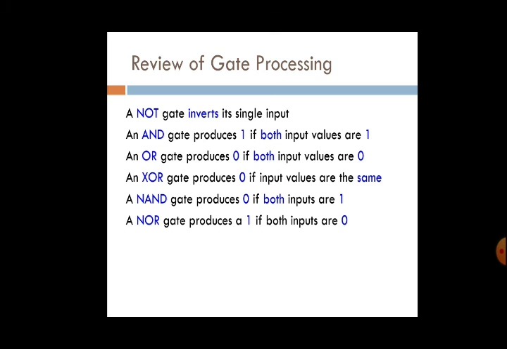OR gate produces 0 if both the input values are 0. This is the additive operation. An XOR gate produces 0 if input values are the same. And NAND gate produces 0 if both inputs are 1.